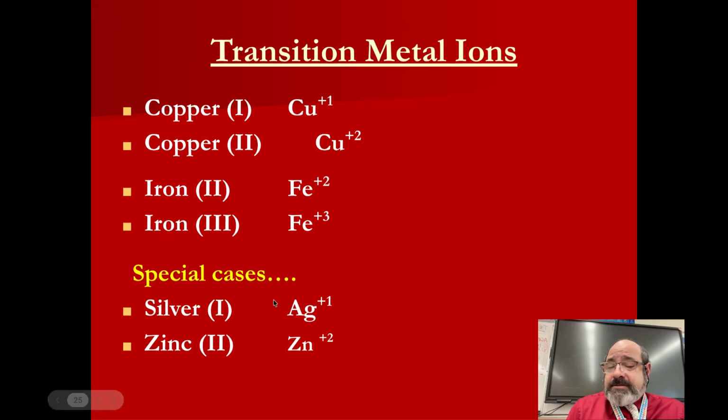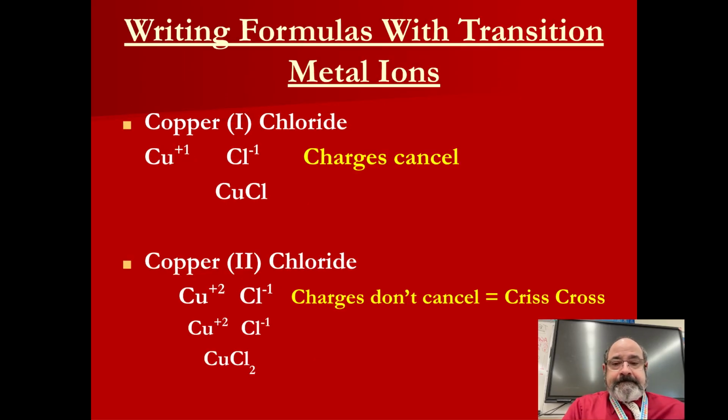So since they don't have multiple charges, the proper way of writing them is not with the Roman numerals, because you know it's a plus 1 and you know it's a plus 2, but that's assuming you have that memorized. So if the numerals are there, that's me making life really easy. If they're not there, then you have to remember that they're 1 and 2, and I'll show you a little shortcut to that.